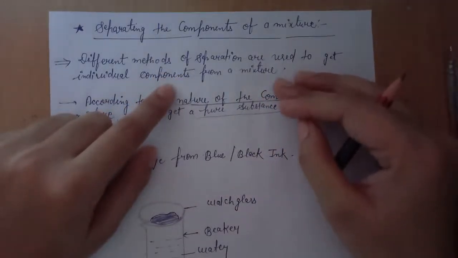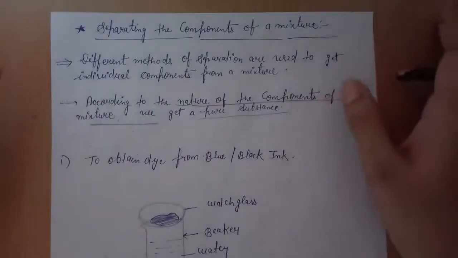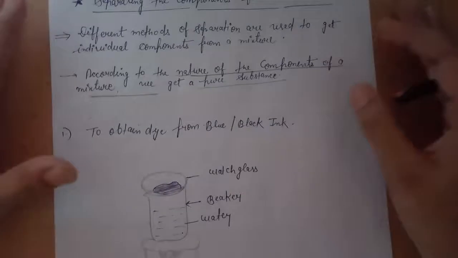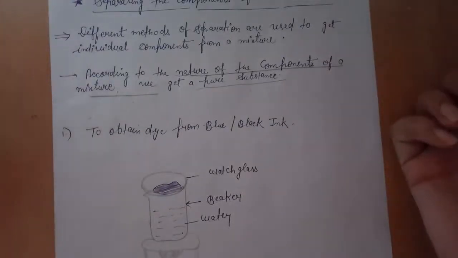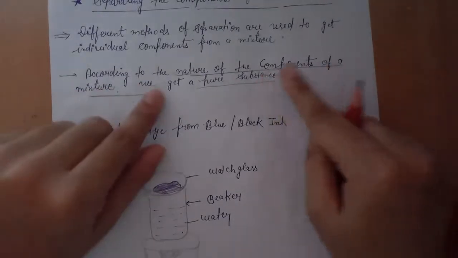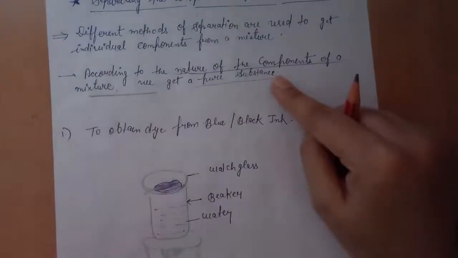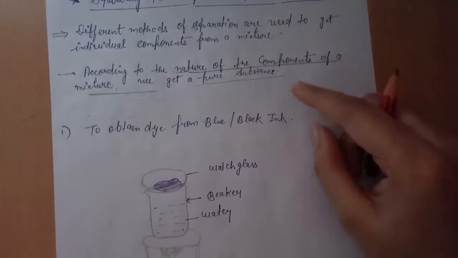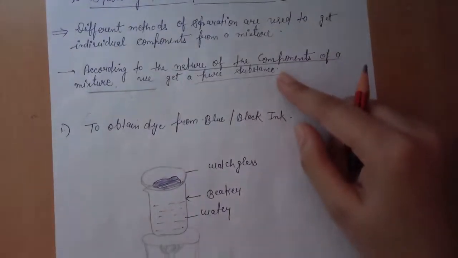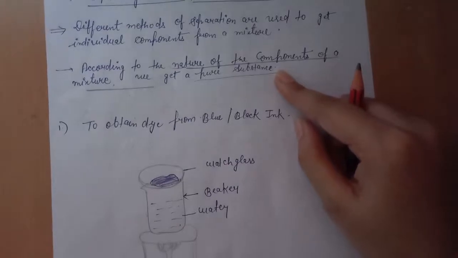To separate the components of a mixture, different methods are used. How do we choose the method of separation for a particular mixture? According to the nature of the components of a mixture, we get a pure substance or component. And you know what a substance is: a single pure form of matter, in which a single type of particle is present.